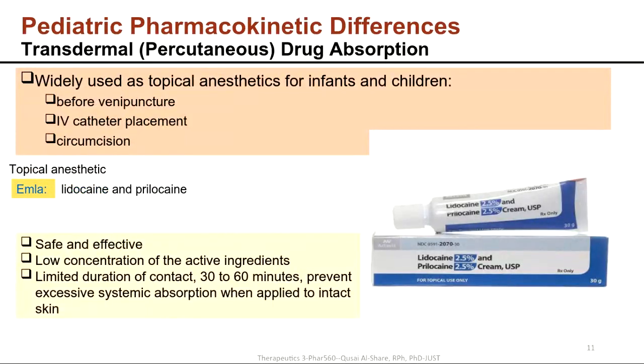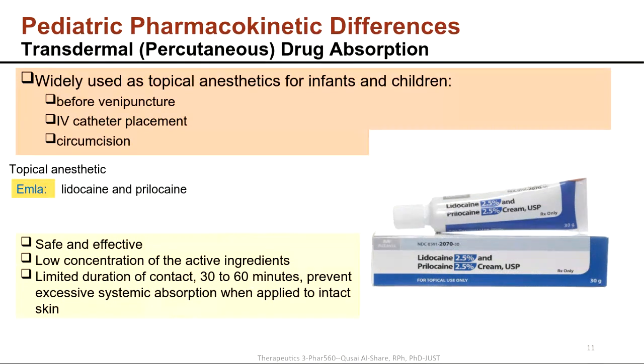So the transdermal is the third route of administration, drug absorption. Here, it is widely used as topical anesthetics sometimes. We use it in children sometimes as a topical anesthetic for infants and children before, let's say, they need to take a blood sample from the vein. So before venipuncture, they sometimes use topical anesthetic in children, which is okay.